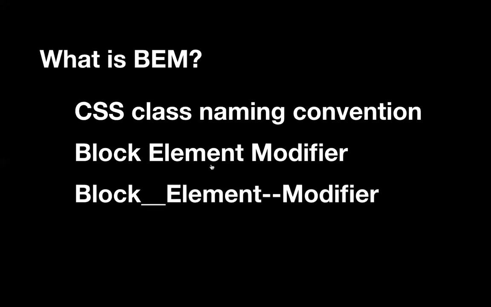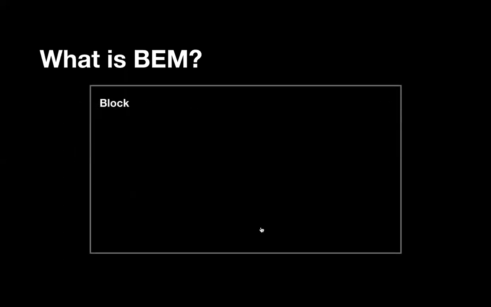If I were to write it in the syntax, it would look like this: you have your block, then two underscores, your element, then a double dash, and then your modifier. More on that later.